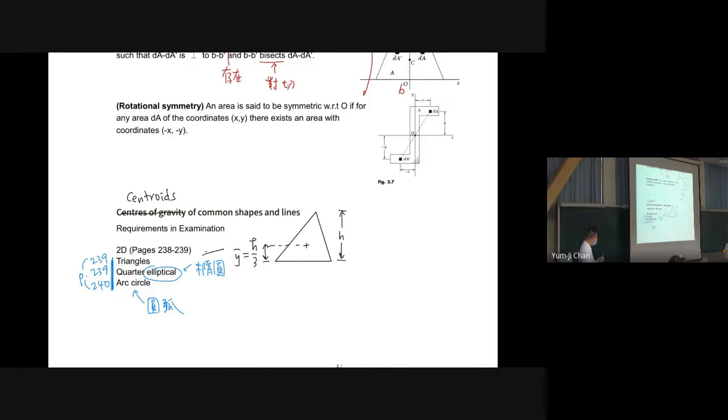That's for triangles. And you can look at page 239 if you don't have time to copy the figure. It is in the textbook, page 239. Okay.